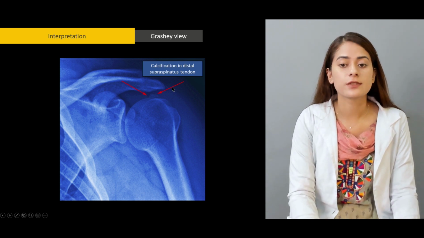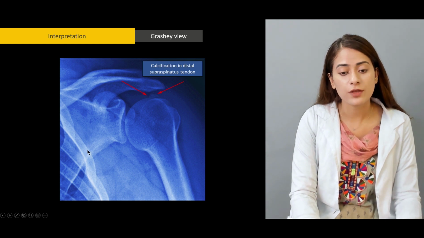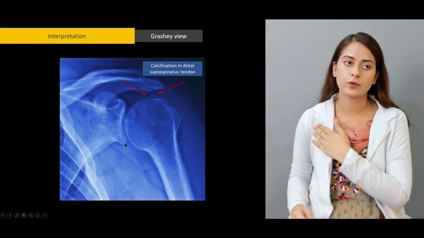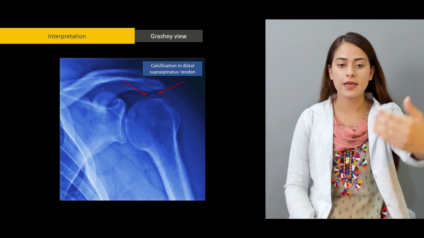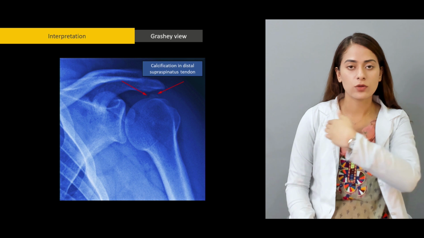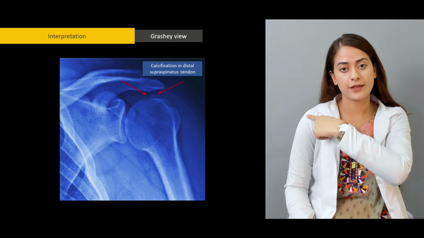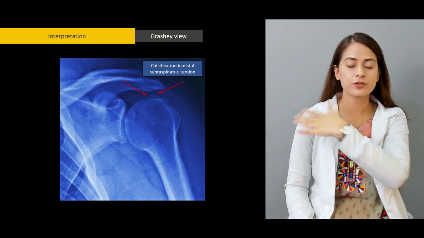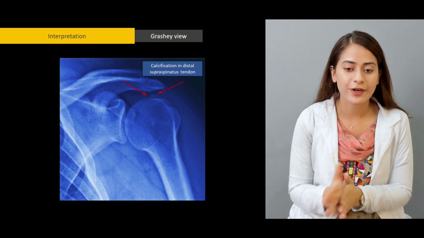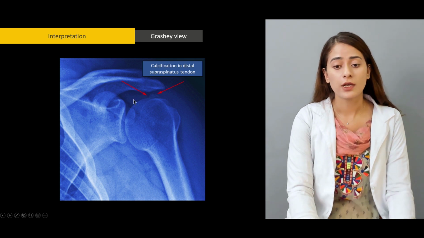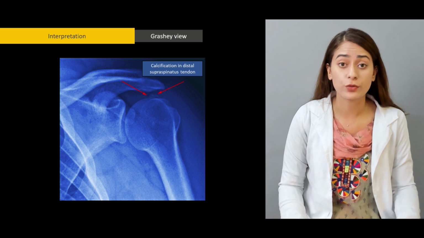In this Grashey view, we have a 45-degree angle, and the bucky is behind, and when my shoulder is X-rayed at this angle, it gives a Grashey view, which lets us visualize the glenohumeral joint better.